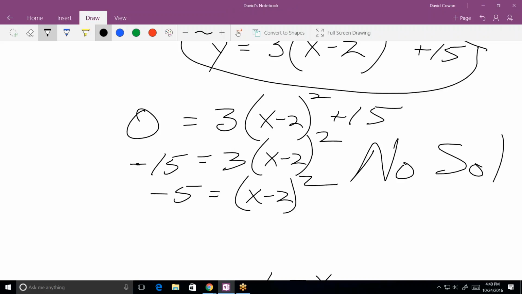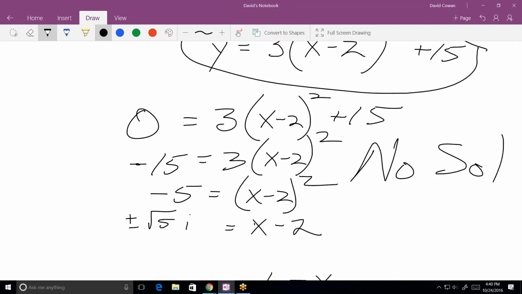If you take the square root of both sides, what does the left side give you? x minus 2. Okay, let me figure this out. Would it just be negative 5i, or plus or minus?